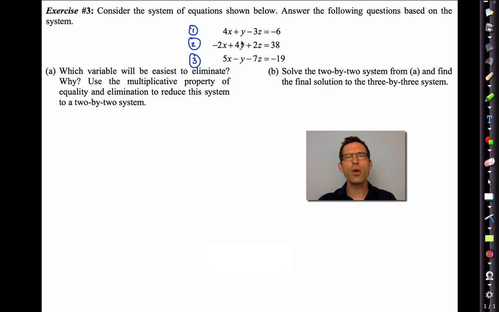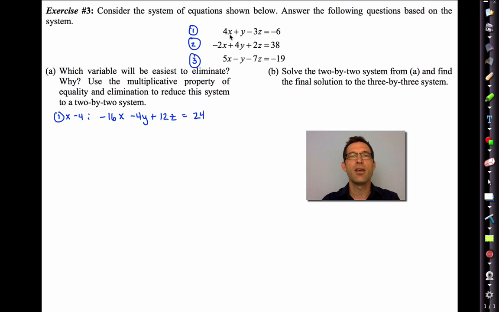Now, if I want to eliminate y in the second equation, then what I'm going to do is take that first equation and multiply it by -4. All right? Notice how I show that equation 1 times -4. It's going to give me -16x minus 4y plus, watch out for that, 12z equals positive 24.